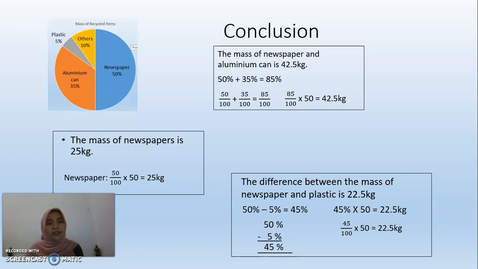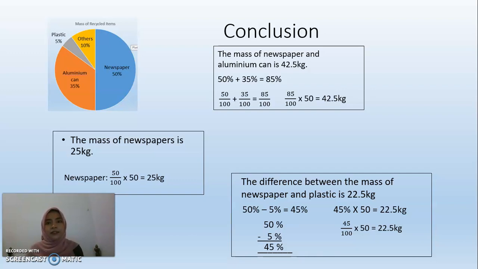So we get the answer, 25 kilogram. The same goes for other items. If we want to find out the mass of aluminium can, 35 over 100 times 50 kilogram, and we will get the real amount for the mass of aluminium can.